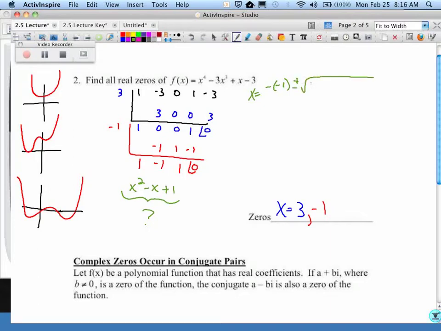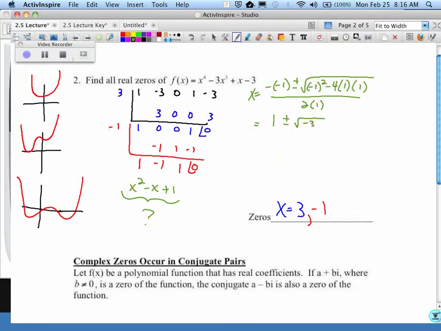A and c are both positive 1, all over 2a. So that's the setup of your quadratic formula. So I have a 1 there, plus or minus. Under your radical, you're going to get 1 minus 4, right? Be careful when you square the negative 1, that's positive. So 1 minus 4 would give me negative 3, all over 2.